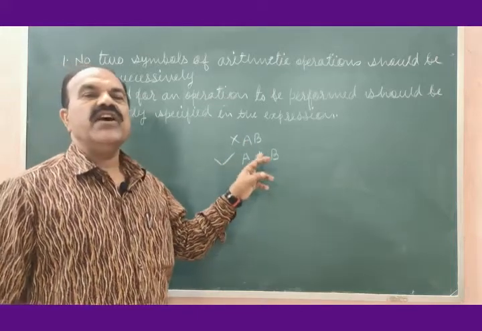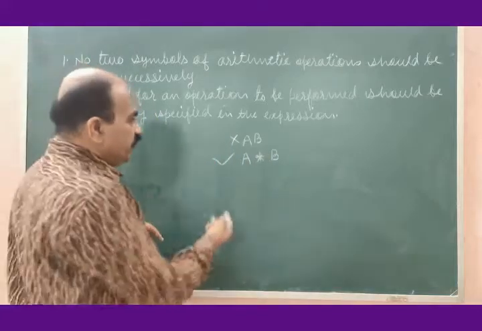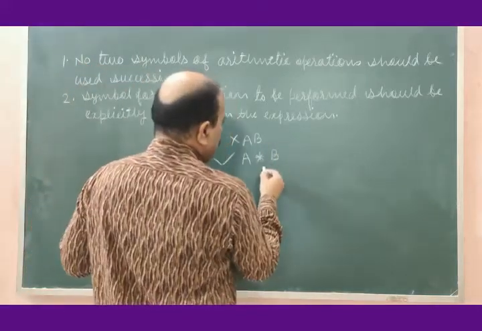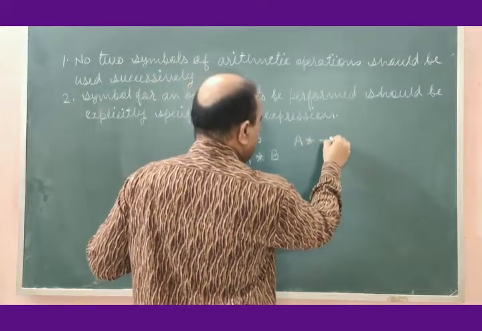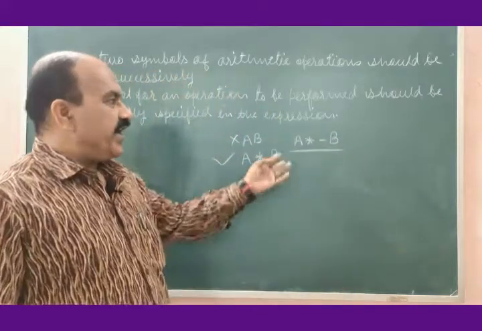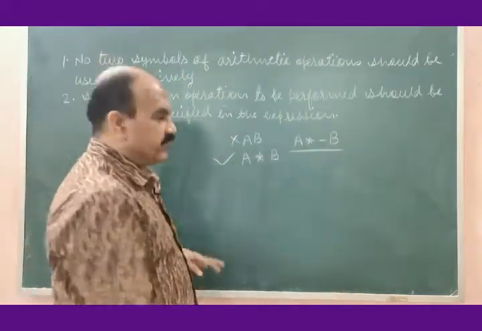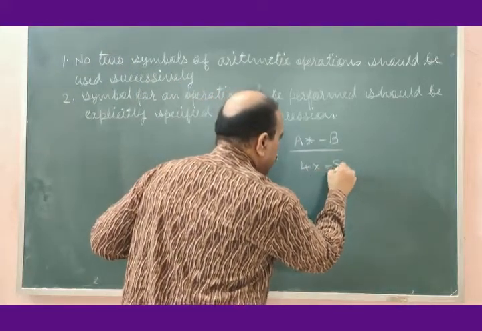This is the valid way in Fortran. One more thing: A into minus B, 4 multiplied by minus 5.